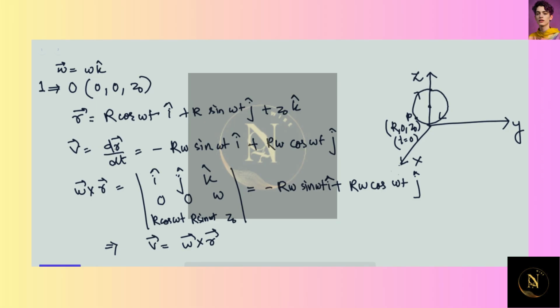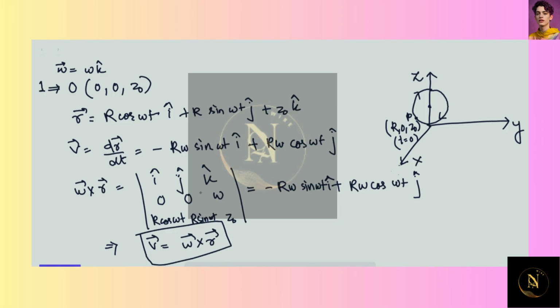Then we find velocity by differentiating r with respect to t, and we get this expression. And then we find omega cross r using the determinant rule to get this. Now, if you compare these two values, you see that v vector is equal to omega cross r vector.